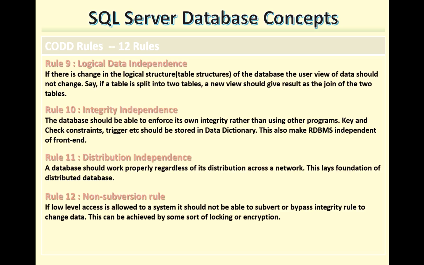Then rule 10 is integrity independence. Integrity independence means the database should be able to enforce its own integrity rather than using other programs. For example, let's say there is an employee table and an employee vacation table, two tables. The employee table will have employee information.